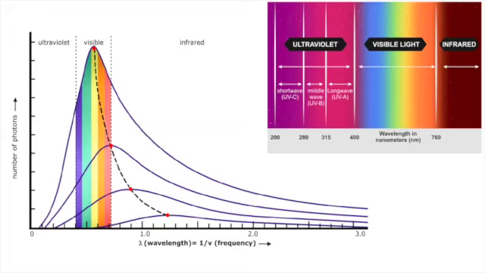So if we start looking at this graph over here, where we look at number of photons versus wavelength of the different spectra of light, what we find is that light has wave-particle duality.